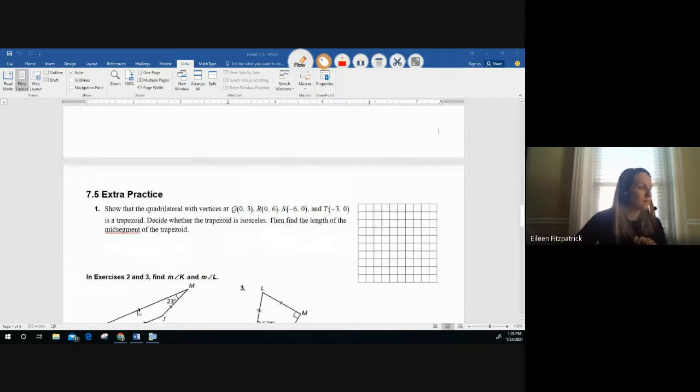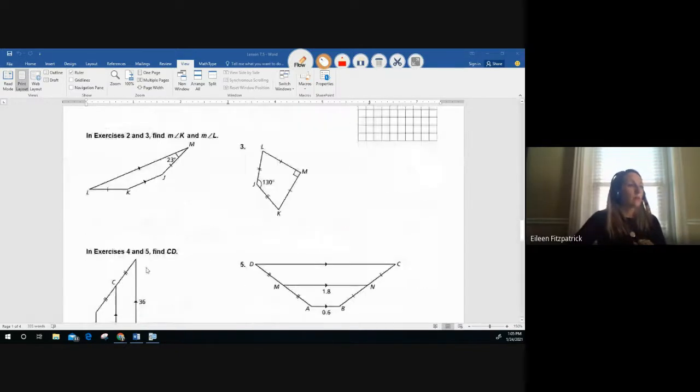Okay. So let's look at problem 2. In exercises 2 and 3, find the measurement of angle K and the measurement of angle L. Okay, so since it is a trapezoid, and I know that it's an isosceles trapezoid because the legs are marked congruent, that means that base angles are congruent.